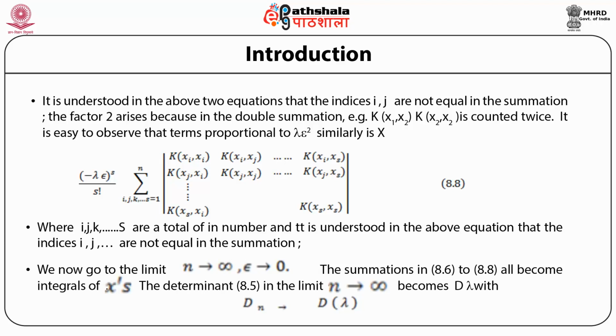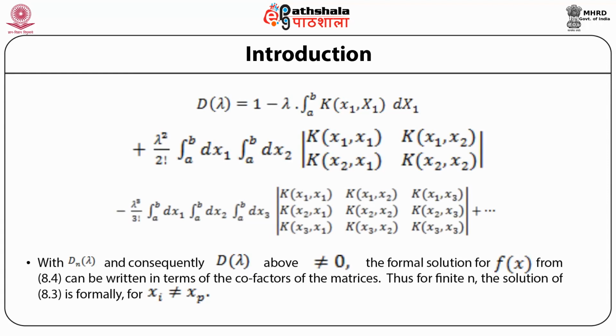The determinant then, in the limit n goes to infinity, becomes the determinant D, a function of lambda, where D of lambda is 1 minus lambda times the integral from a to b of K(x1, x1) dx1, plus lambda square by 2 factorial times the integral from a to b of dx1, multiplied by another integral over dx2 from a to b of a determinant now of a 2 by 2 matrix, plus a three-dimensional integral, and so on and so forth, with D of lambda, and consequently D of lambda above, not equal to 0.